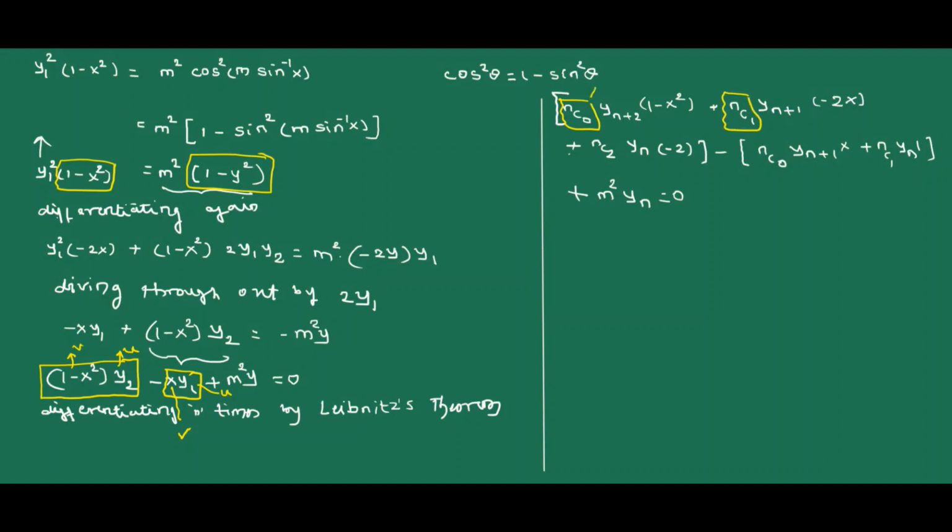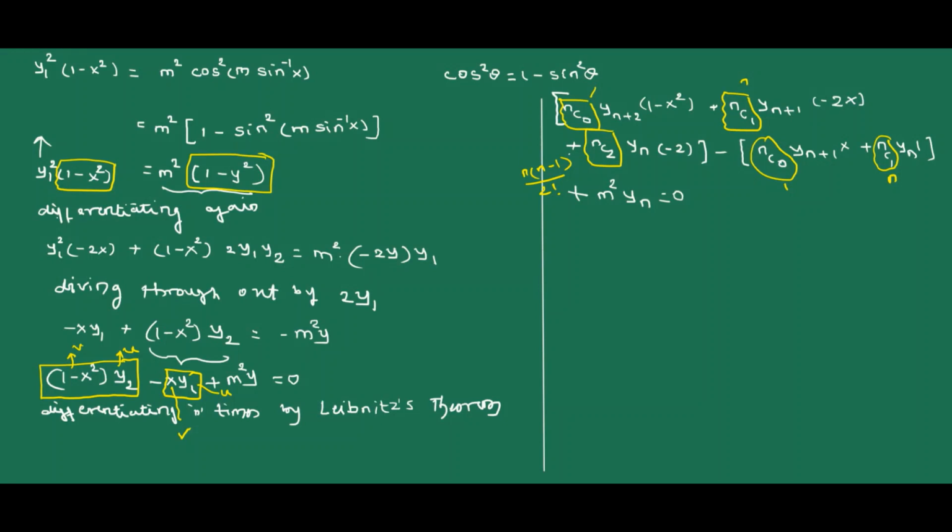nC1 value is equal to n. nC2 value is equal to n(n-1)/2 factorial. Similarly, nC0 value is 1 and nC1 value is equal to n.